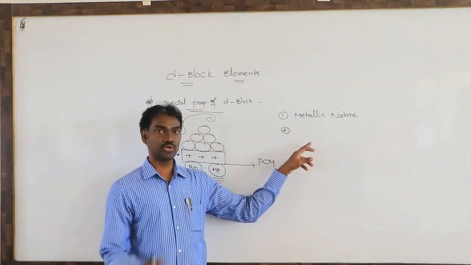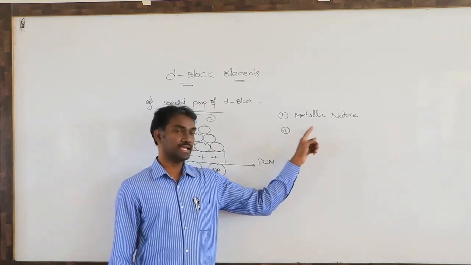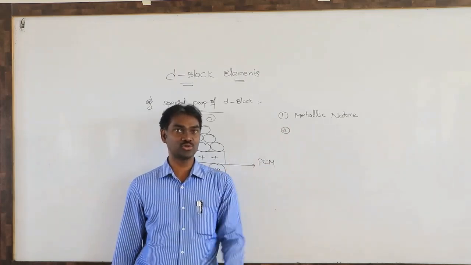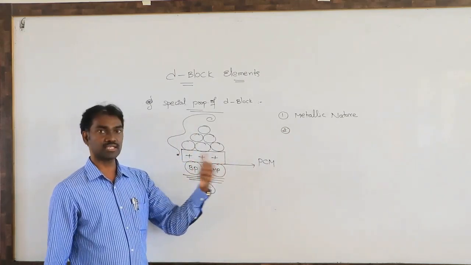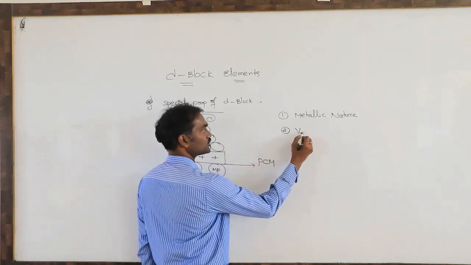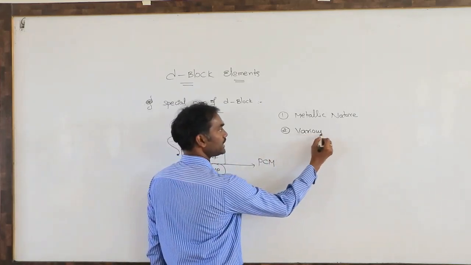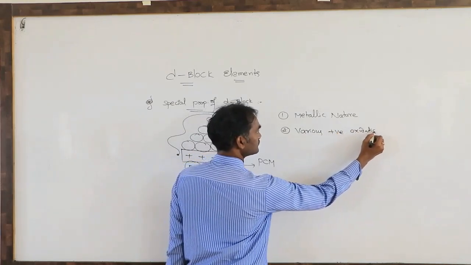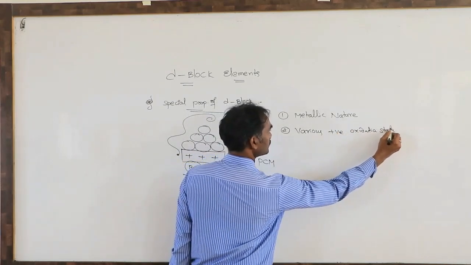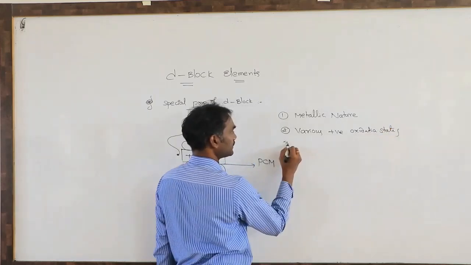Alkali metal you call +1, alkaline earth metal you write +2 only. But these D block elements, though metals, show various positive oxidation states.